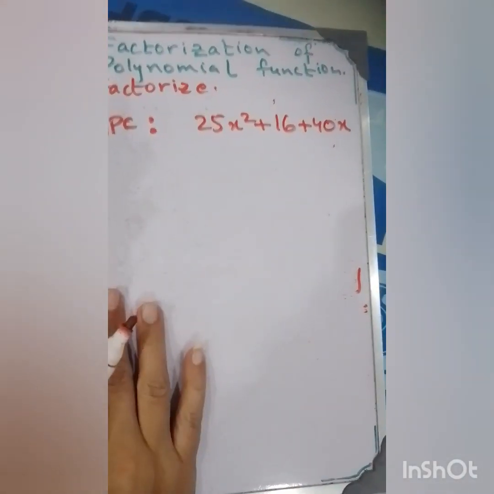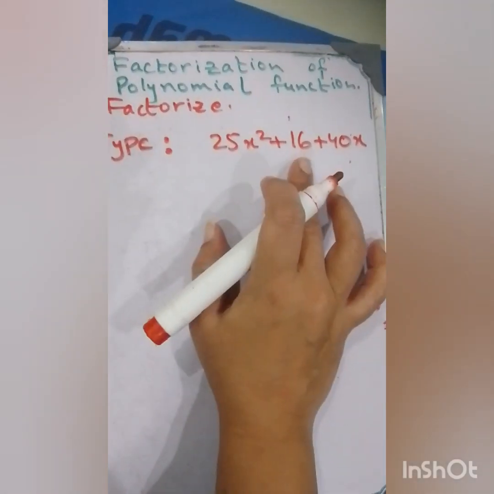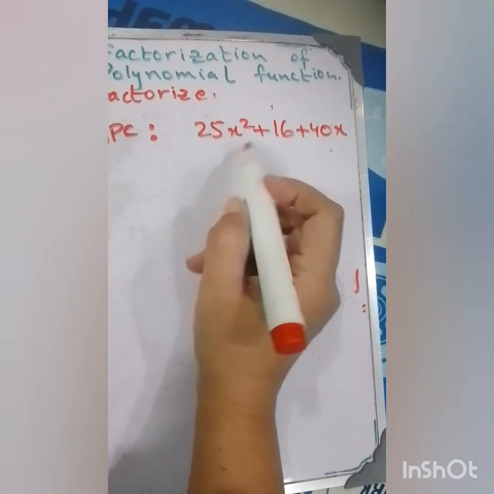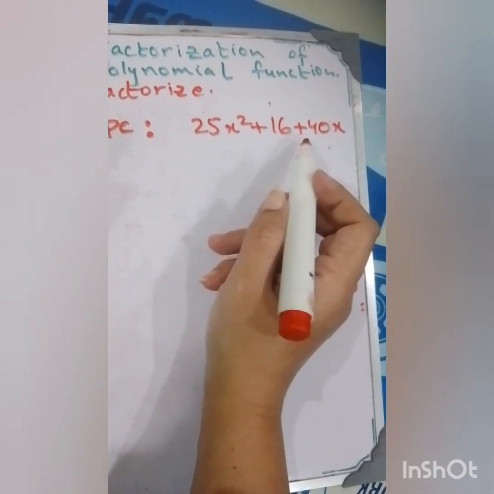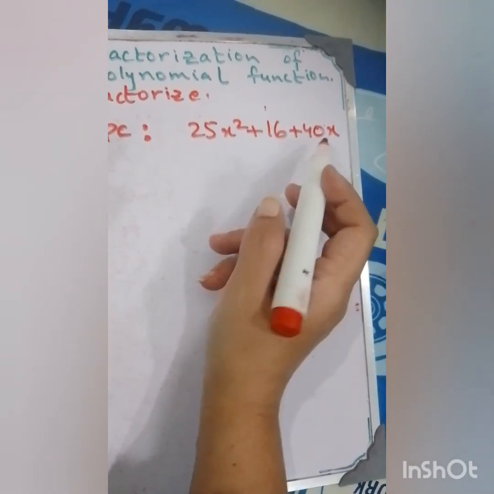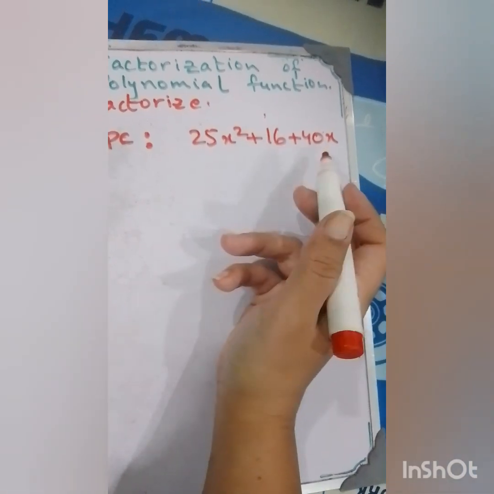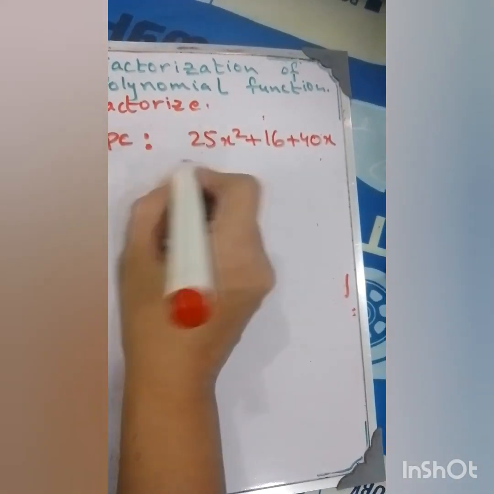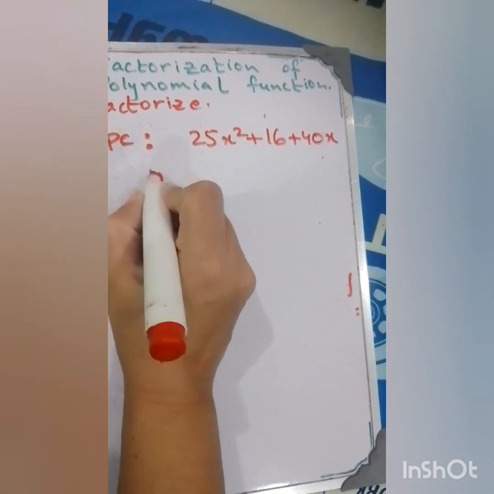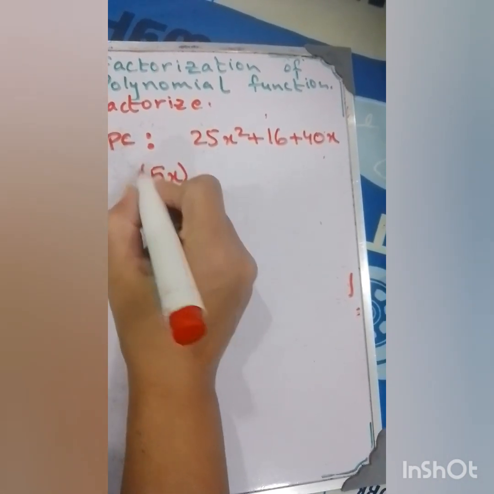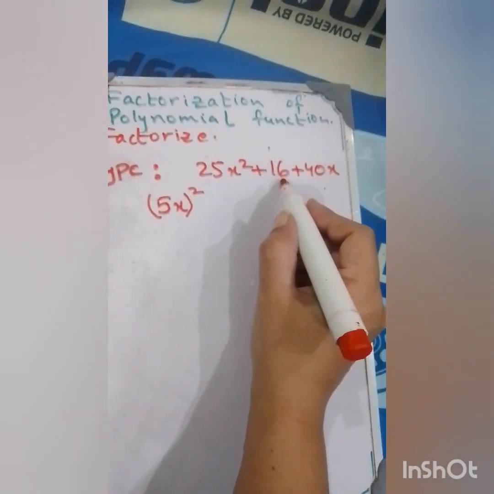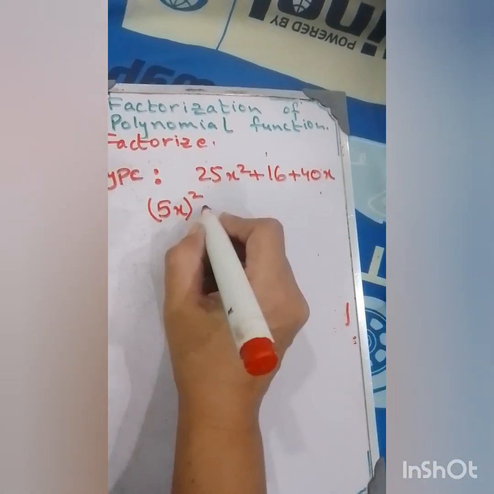Here we have an expression written with this. Of course it's a polynomial, and we are going to see how to make the factors out of it. First of all, 25x square: 25 is the square of 5, so I write it like this, and this is 16, so we are arranging it first.